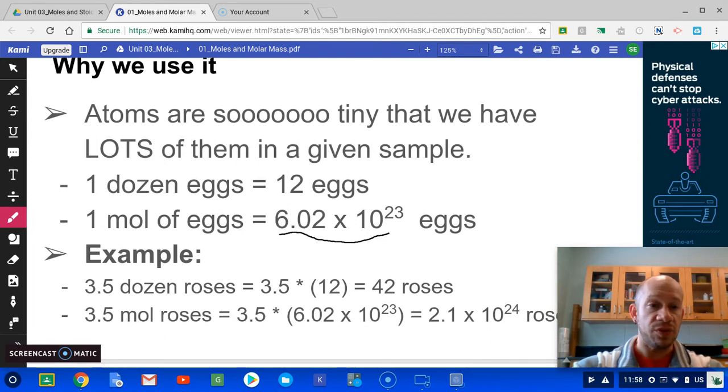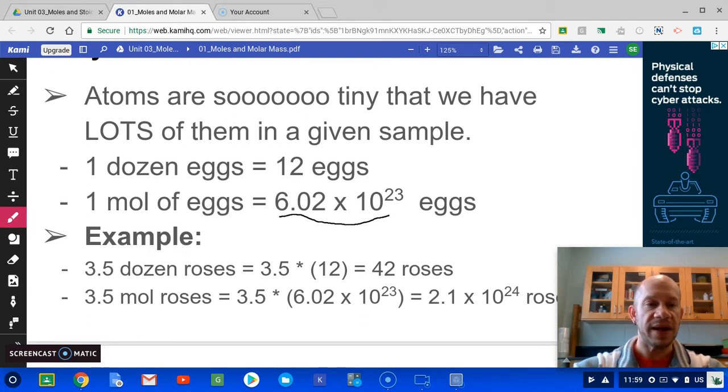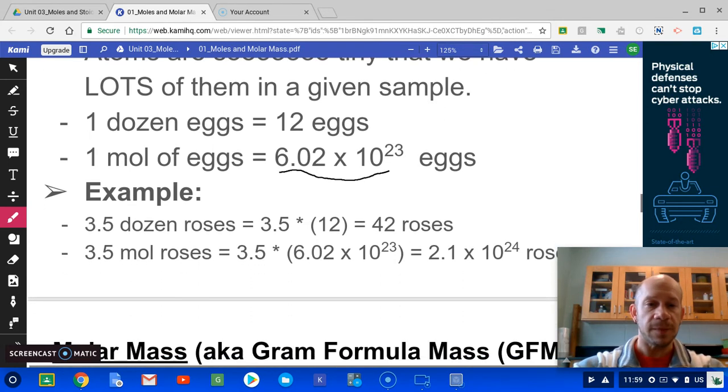For example, if I have 3.5 dozen roses, I'm just going to take 3.5 times the number in a dozen, which is 12, which will equal a total of 42 roses. The same idea will apply to moles. 3.5 moles is going to equal 3.5 times 6.02 times 10 to the 23rd things. So 3.5 times that number is going to equal 2.1 times 10 to the 24th roses.